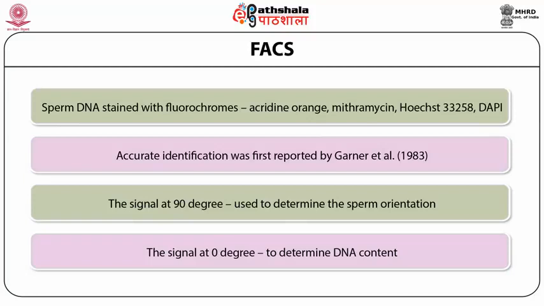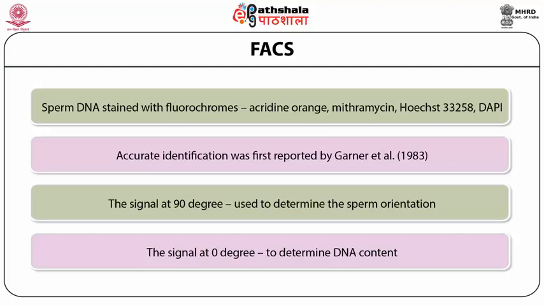Depending on whether the DNA content is more or less, different charges are given to the sperm, and on the basis of charge they can be separated into two tubes, meaning X sperm and Y sperm can be sorted. In some cases it may be impossible to determine whether the sperm is X or Y, so that will go into the third tube.